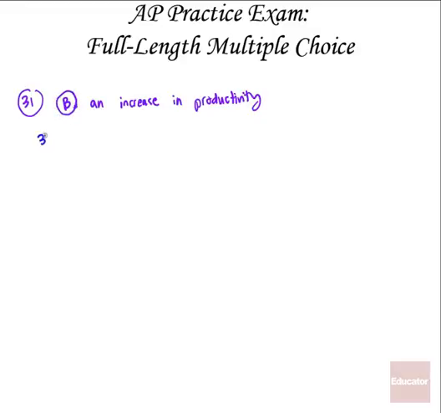Okay. Number 32, what does the CPI measure? The Consumer Price Index. And so again, it's a change in the weighted prices of a basket of goods. Okay, so what is the CPI? So CPI is probably the most common measure of inflation.